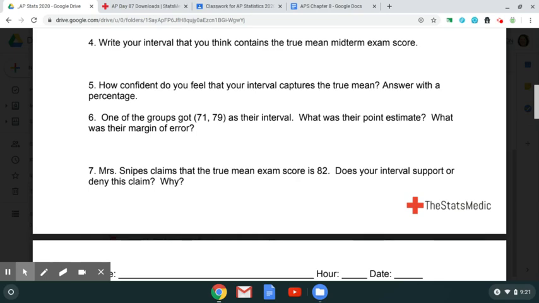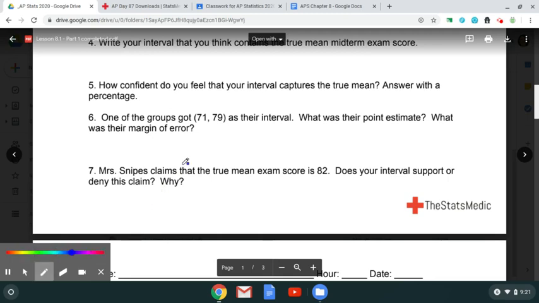So what was their point estimate? Their point estimate is the number that is right in between here. Basically you're going to find the average. You're going to take the 71 and the 79, add them together and divide by 2, and you're going to get a point estimate of 75.